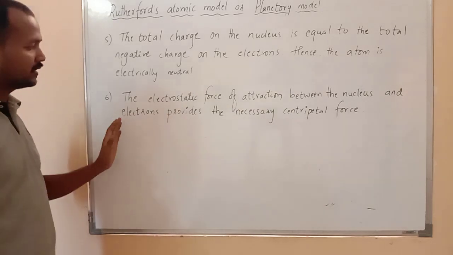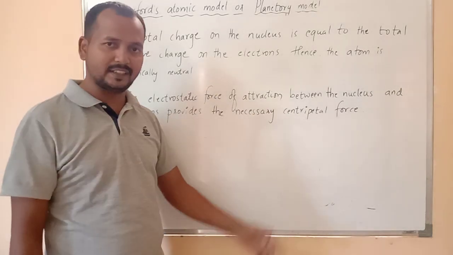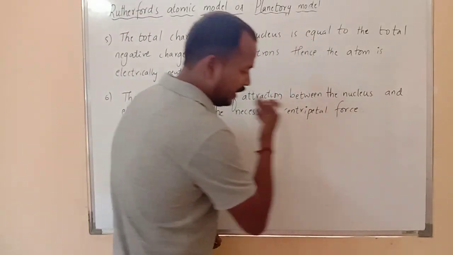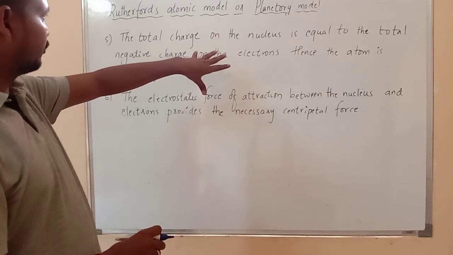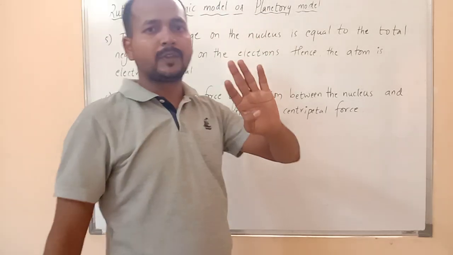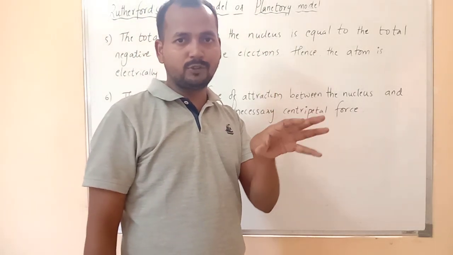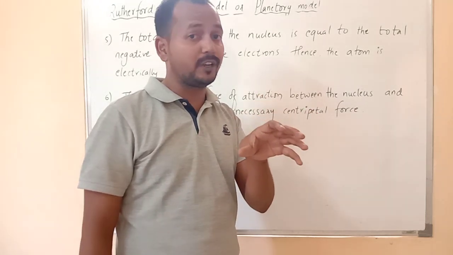Then the sixth one: the electrostatic force of attraction between the nucleus and electrons provides the necessary centripetal force. What do you mean by this? In the fourth postulate, the number of electrons revolve around the nucleus, like the planets revolving around the sun.